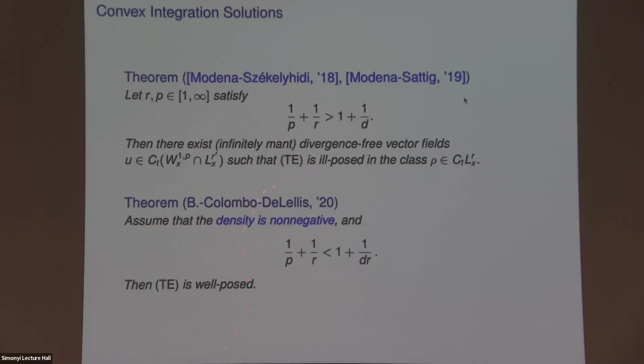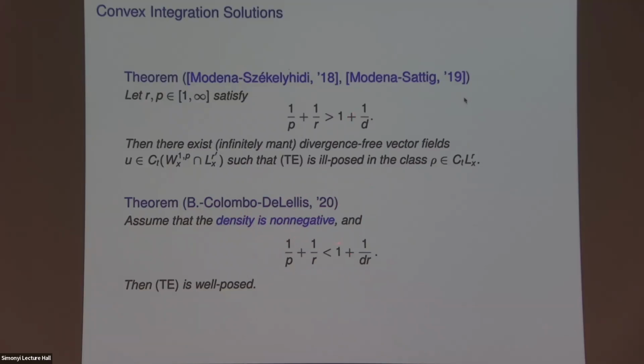And in 2020, in collaboration with Camillo and Maria, we discovered a third range of exponents. If we restrict to the class of non-negative densities, so if we assume that rho is non-negative, which is not so restrictive, and I don't want to focus on this assumption, it turns out that the transport equation is well posed in this range.